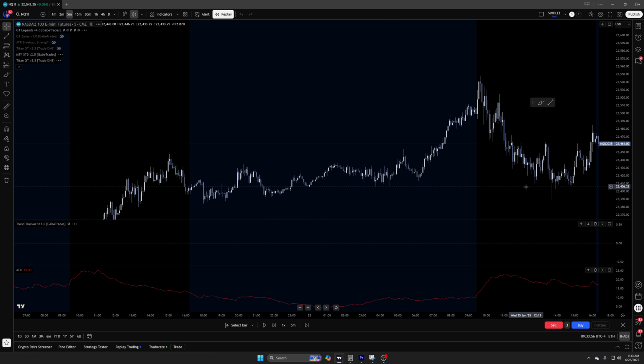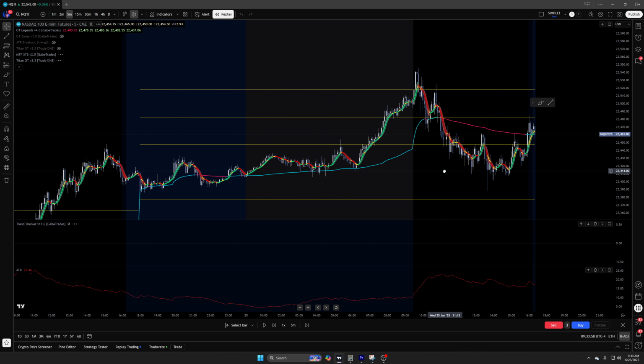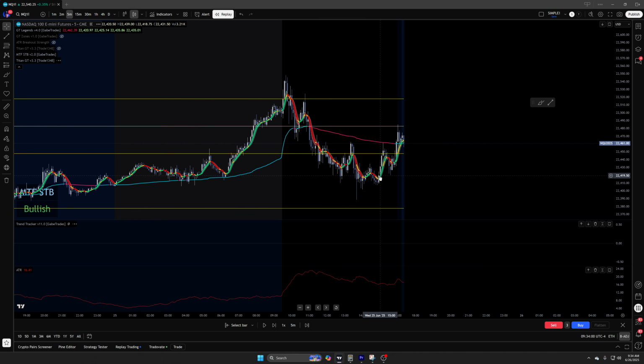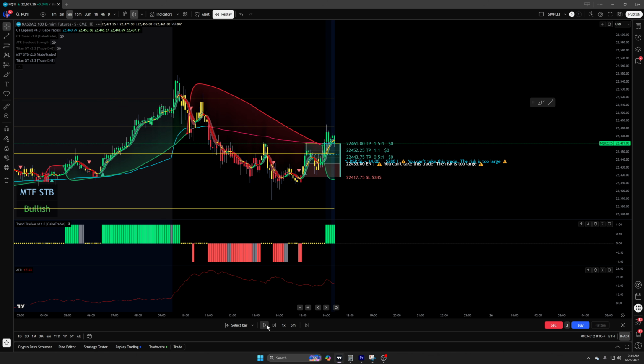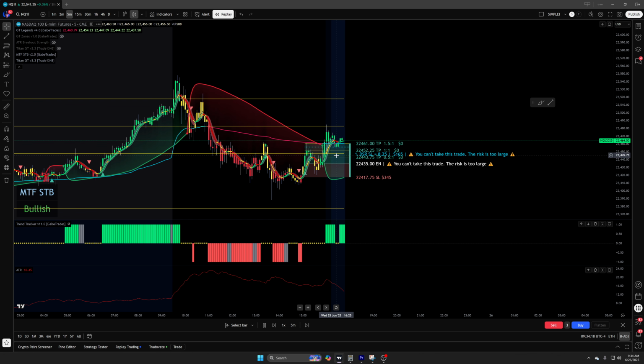I want you to pay attention to a couple of indicators when they print themselves because I got in at or around here. Now, first up, the MTF STB longer time frame is bullish. And then when I hit play here, you could see we have GT is green with a trade design to the upside.